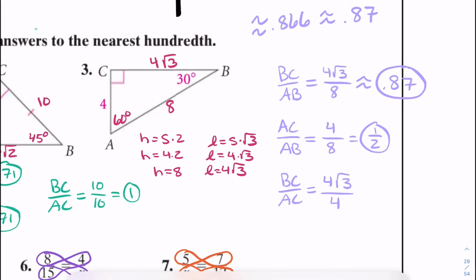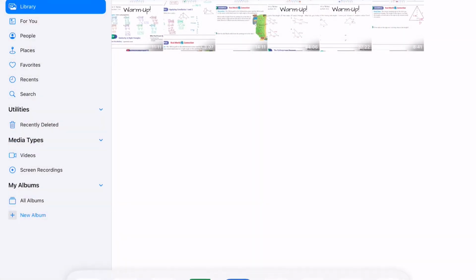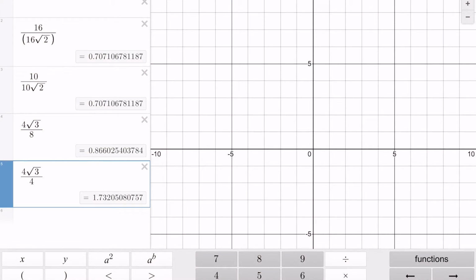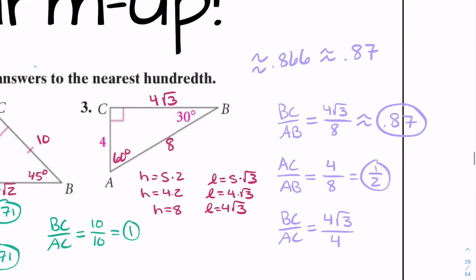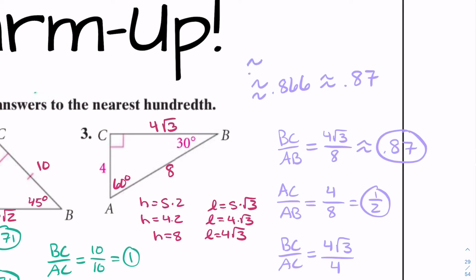And then double that really is your next one. We get 1.732, which simplifies to 1.73.